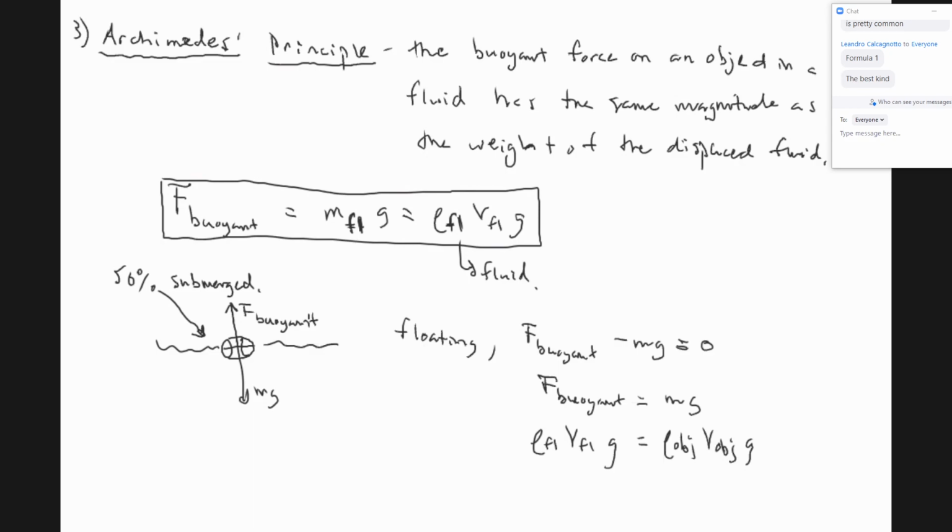But if it's 50% submerged, that means what? The volume of the fluid displaced is 50% of the volume of the object. And we also see gravity cancels out. I'm going to rewrite it up here.